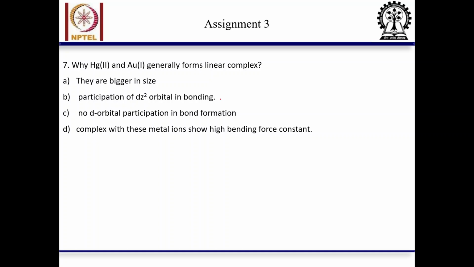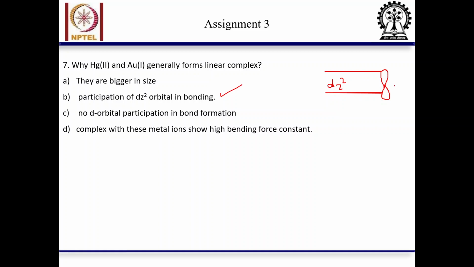Okay, so let me tell. The correct option is B, participation of the dz2 orbital in the bonding. See how the dz square orbital is. It is basically in the z direction. Sorry, this line is coming.